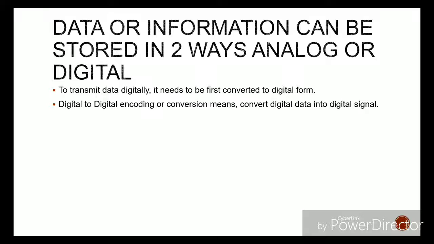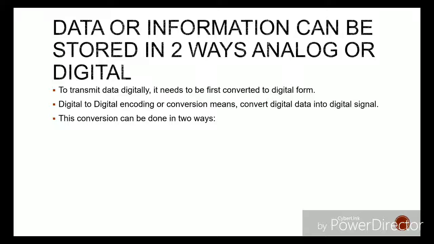So, digital to digital encoding means converting digital data into digital signal. We must bear in mind that the main concept of digital to digital encoding is converting digital data into digital signal. So we are just converting the data into signals.